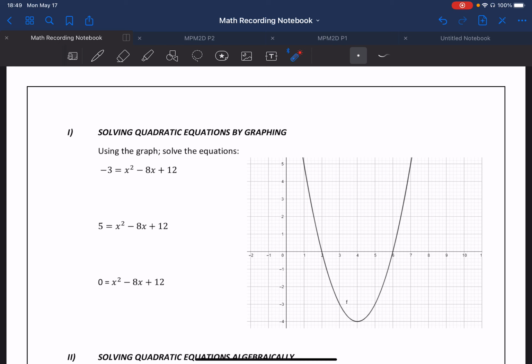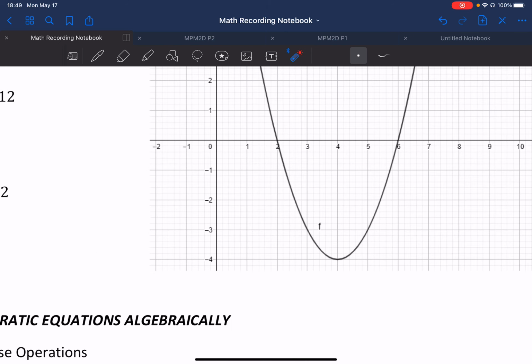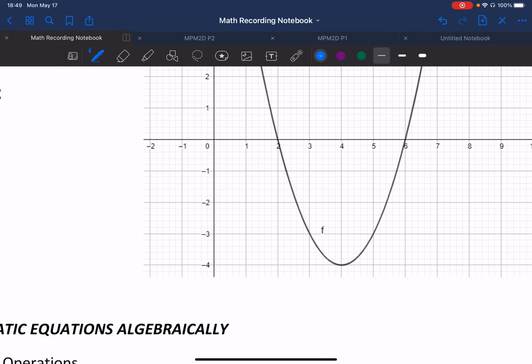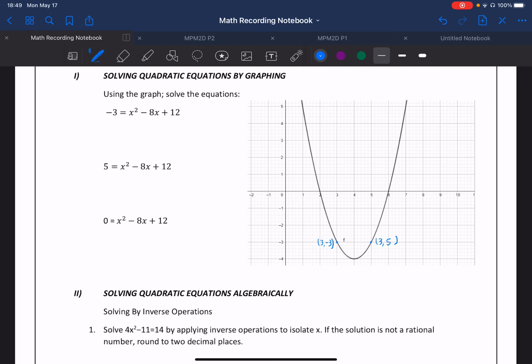If we look at this graph here, we're looking at the 2 points in which y is -3. We can see it happens at this spot here, so we're going to call that point one of our solutions, and it's 3, -3. And then we can see -3 for y happens again at 5. So that means our solutions here are x equals 3 and x equals 5.